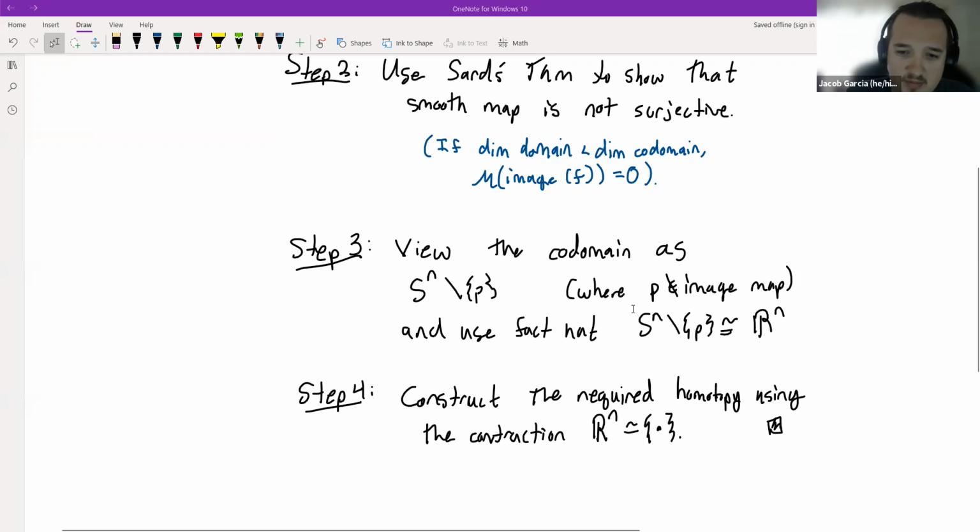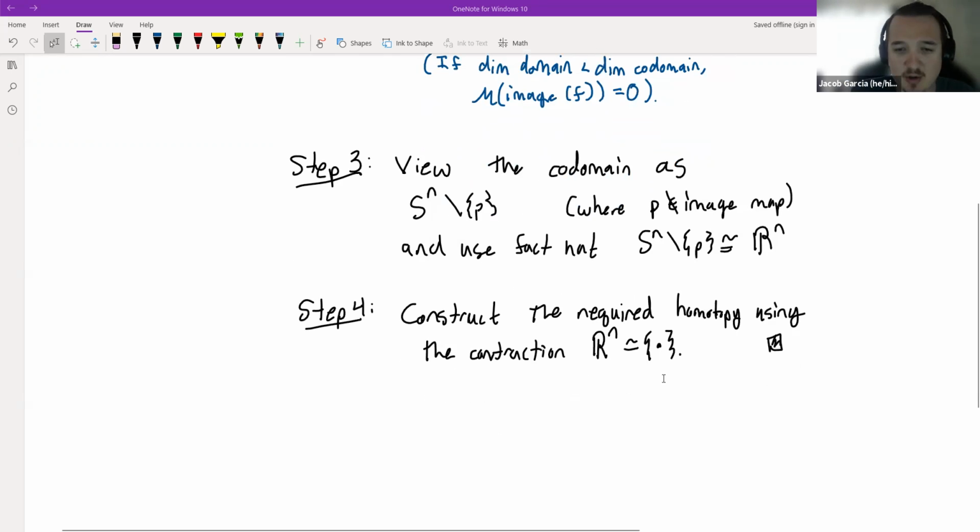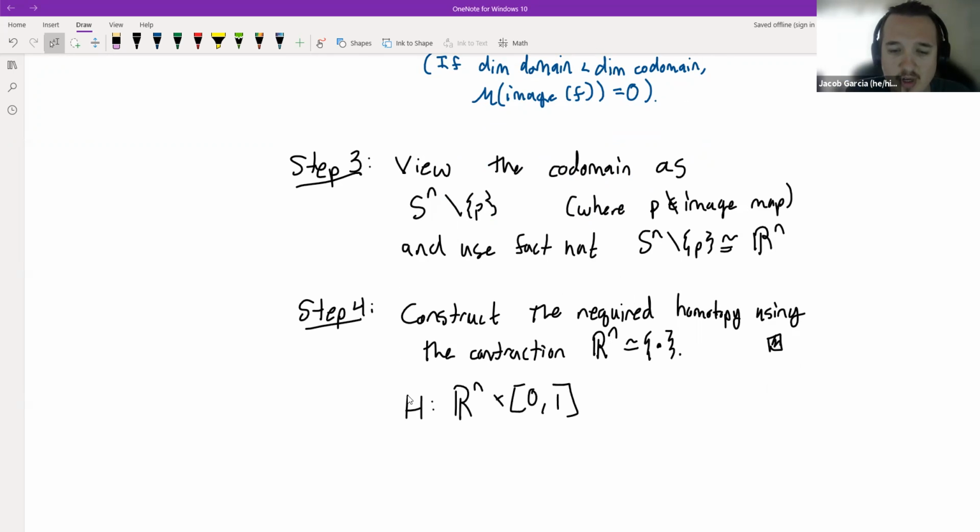Yeah, so for example, H is a map from Rn cross [0,1] to Rn.